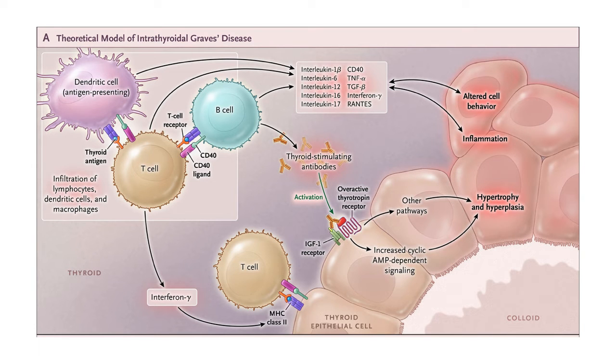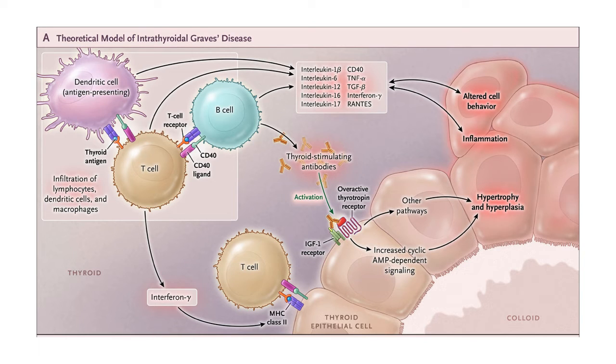So here is the theoretical model of intrathyroidal Graves' disease. Okay, so this is the mechanism. So just focus your attention on the B cell or the B lymphocyte, which develops into a plasma cell that secretes antibodies.